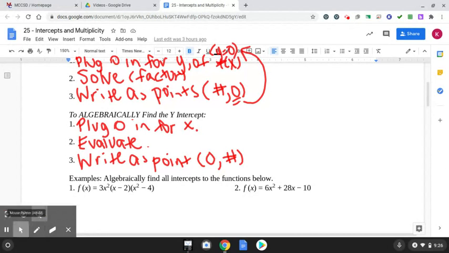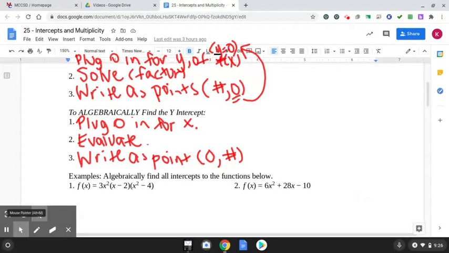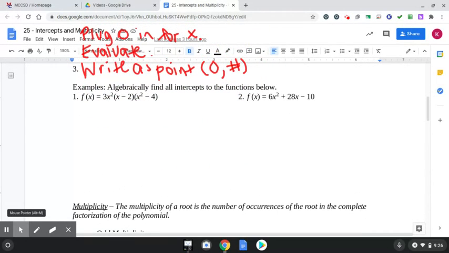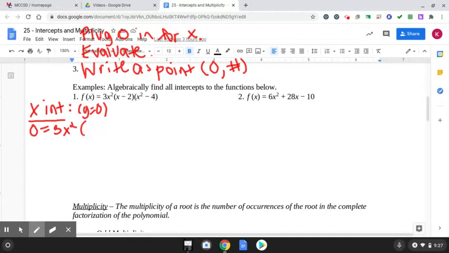So if we look at these first two examples down here, we are going to find all of the intercepts to each of them. So that includes both x and y intercepts. So if we look at this first one, let's do x-intercepts first. X-intercepts are where y equals 0. So I'm going to do 0 equals 3x squared times x minus 2 times x squared minus 4.